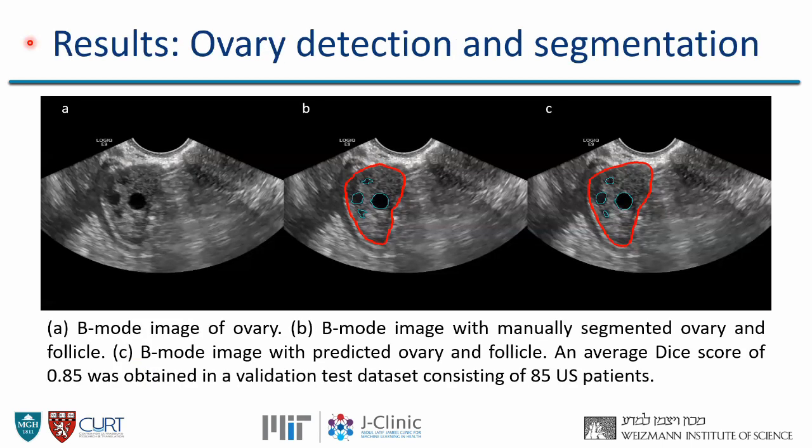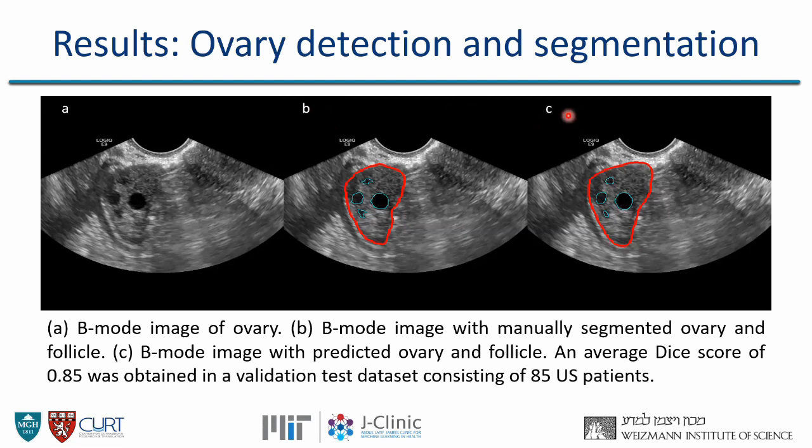This slide shows results from our ovary detection and segmentation algorithm. On figure A, you see the B mode image of the ovary and the presence of follicles. Figure B shows the ground truth, which was manually annotated by the physicians, showing the ovary in red and the follicles in blue.